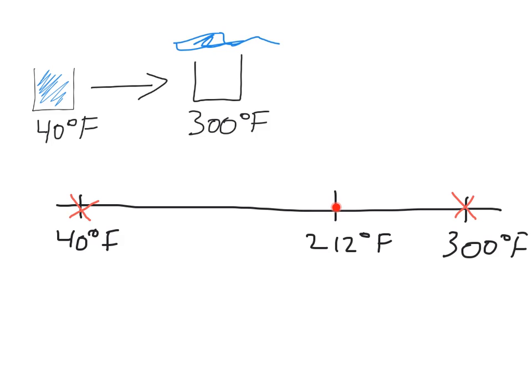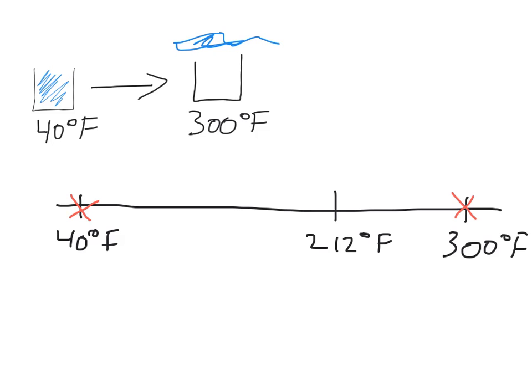And what will happen is that the liquid, the water in the pot or in the container we have, will boil off, and then once it's all boiled, it will continue to rise in temperature up to 300 degrees Fahrenheit. And we can calculate the energy it takes for each one of these different segments.